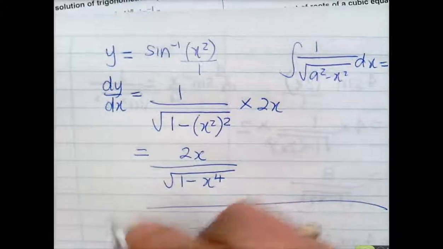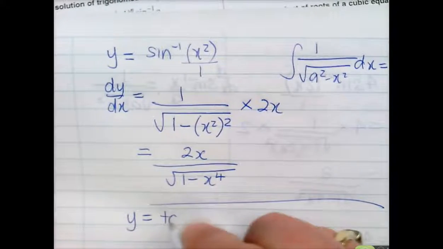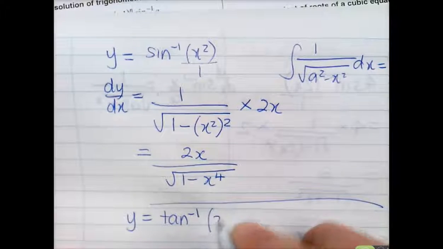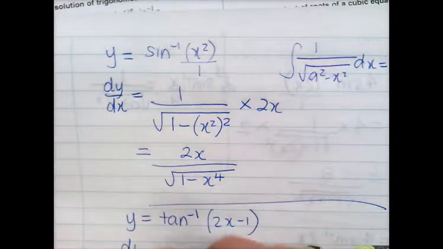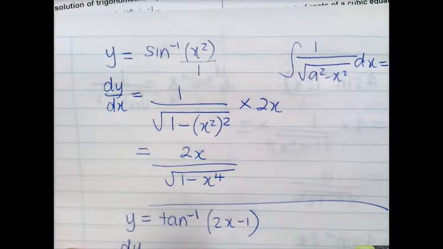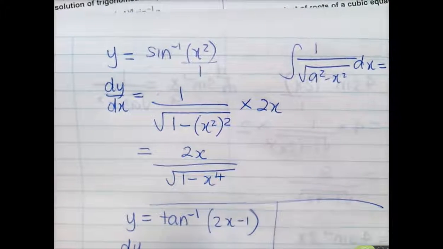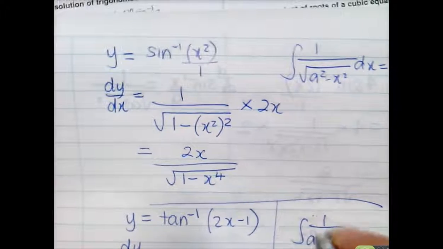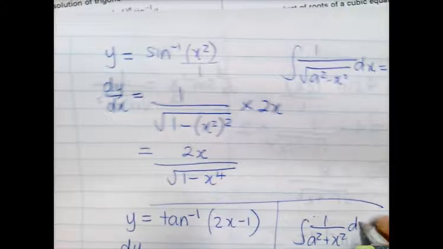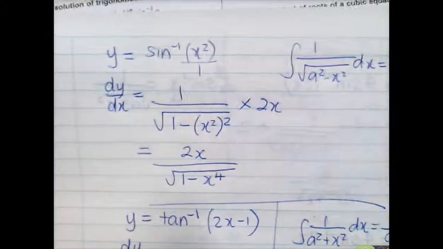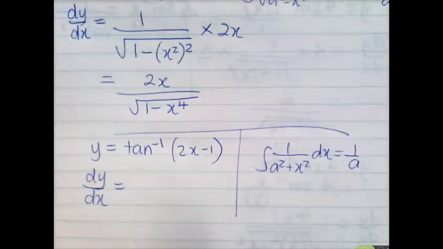Okay, another one. If y equals, we're going to do a tan one, find dy/dx. We've got the formula. Do you have your formula sheets? Here's the formula: the integral of 1 over a squared plus x squared. We've got to be careful with this one. Why do you write that on the side? Because you'll have your formula sheet.